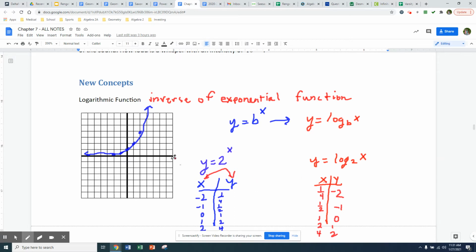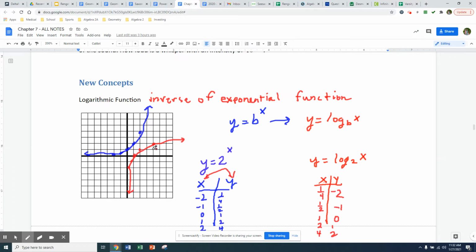So now when we're graphing, our x is 1/4, so that's going to be to the right 1/4 and down 2, then to the right 1/2 and down 1, then 1, 0. We'll go 2, 1, and then 4, 2. So our logarithm is going to start to get closer and closer to that y-axis as your x approaches 0.